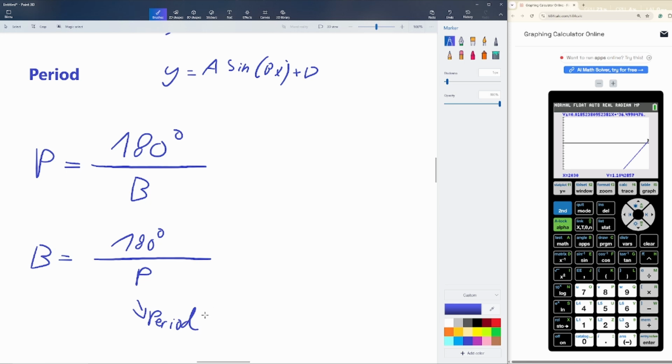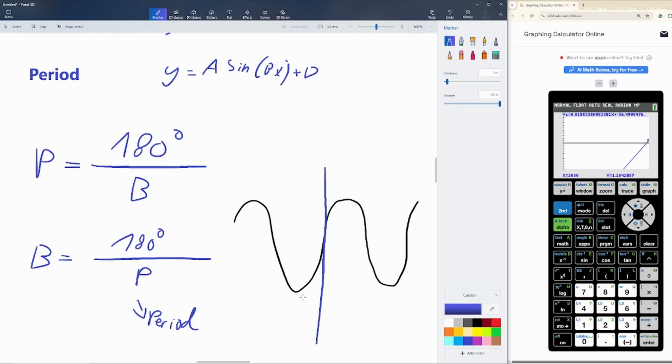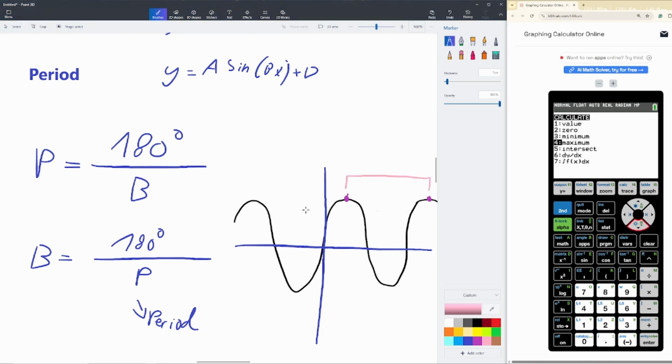It really depends how it's done. Usually you have your function something like this. Let me draw. The period you can always find if you look at two maximum spots. Let's say this is a maximum and here is also a maximum. You find the maximums with your GDC, second trace, and you find the points and then their x values.